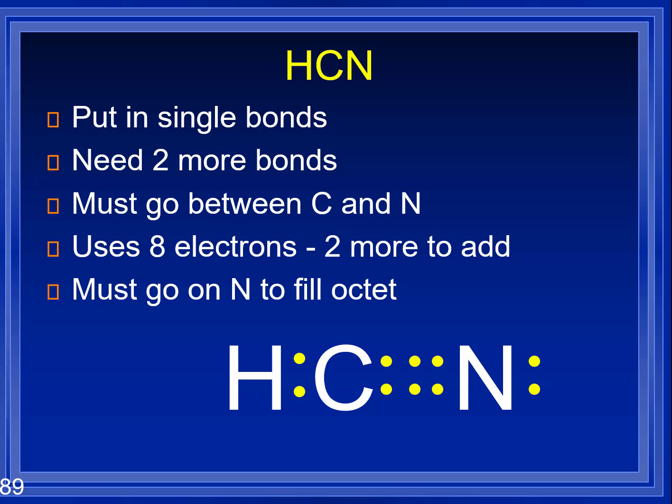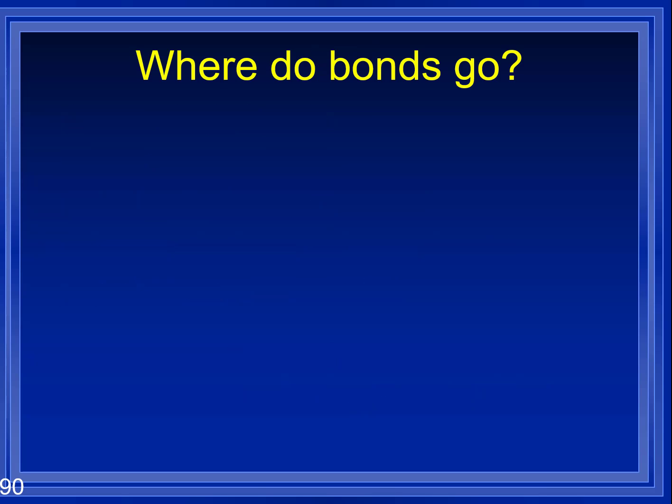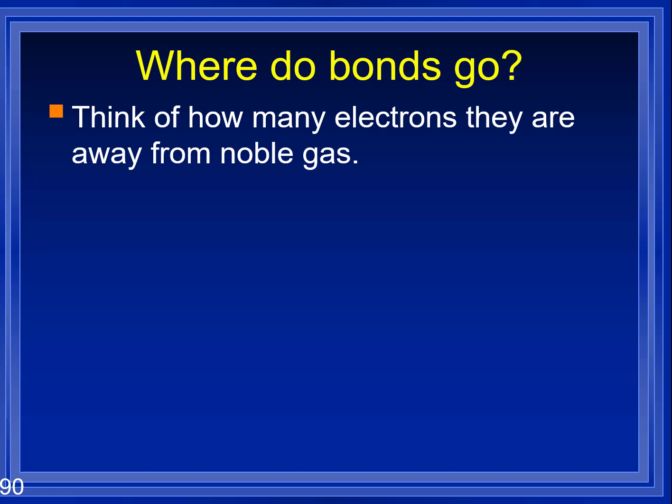Now, here we didn't have a real choice about where the multiple bonds went. They had to go between the carbon and the nitrogen. But if you get a choice, how do you pick where your extra bonds are going to be? Where do the extra bonds go? And this is where you want to think of holes they need to fill, because the way they're going to fill that hole is by sharing with somebody.